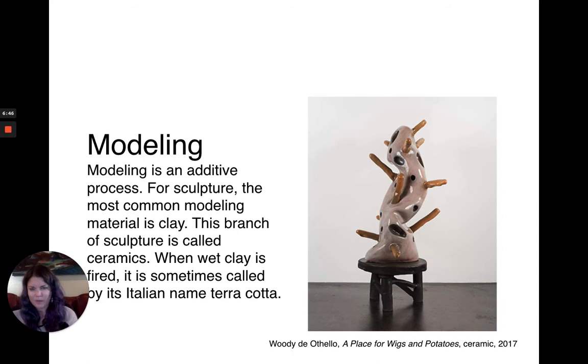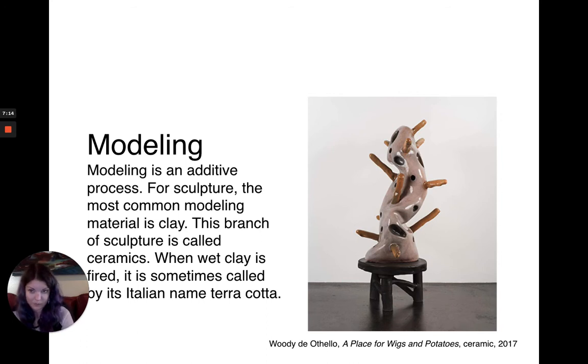So in terms of modeling, there are a couple different things you can do with clay. You can also do a subtractive method called carving, which we're going to talk about in a minute. But in terms of modeling clay, what you're doing is taking a lump of clay and shaping it and then smushing it onto another form to create something else, okay? Like this sculpture that I have as an example here is by an artist named Woody De Othello.